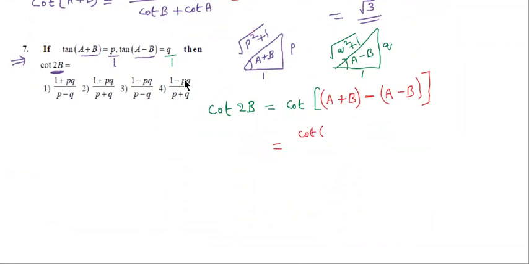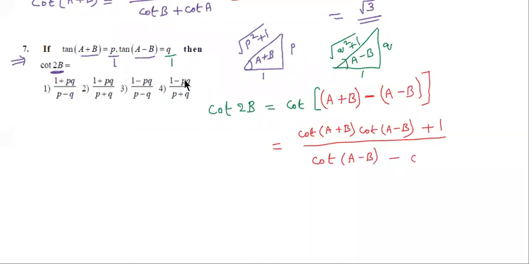Cot A plus B into cot A minus, this is cot of A minus B related formula, plus 1 divided by cot B. B means here A minus B. Minus A means cot of A plus B. Students, all of you understood?